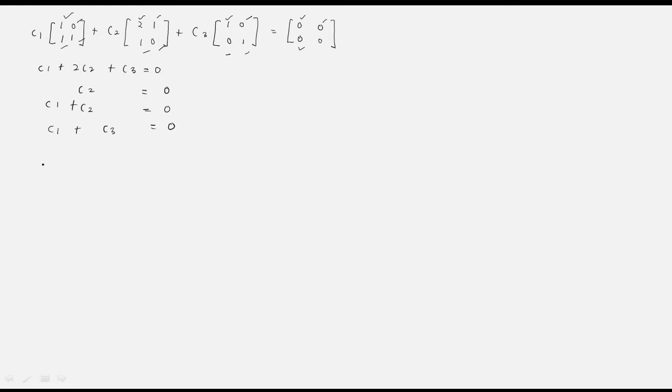Let's change this into a matrix: 1 2 1 0, 1 0 1 1, 0 1 0 3. Let's test for linear independence.